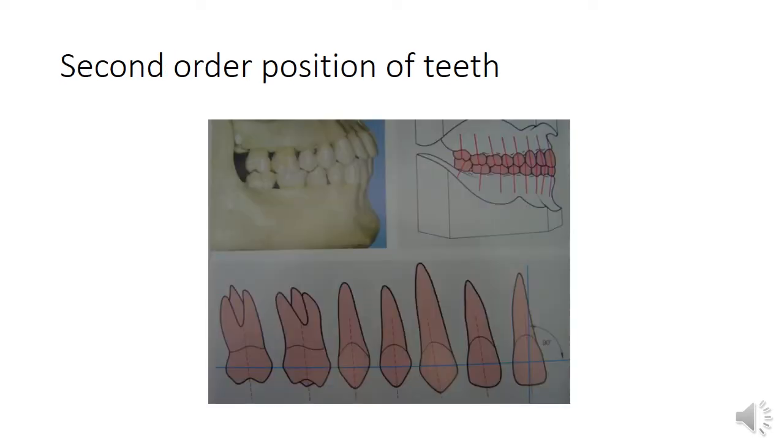When the teeth are viewed from the buccal side, the angle formed between the long axis of the teeth and the perpendicular line to the line of occlusion is called inclination or the second order position. Nowadays, these inclinations or aesthetic bends are also incorporated in the prescription of straight wire brackets.